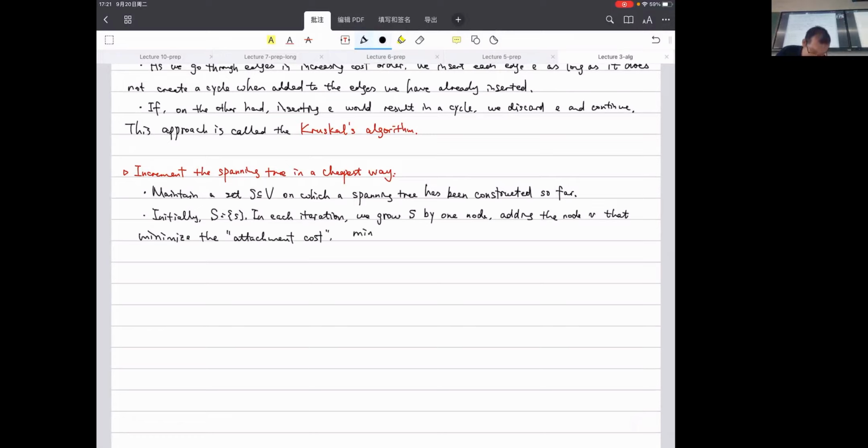It's basically the min over all edges e = (u, v), where u is in S and e is in the edge set E. We want to consider the minimum such that this cost is the minimum, and we add edge e. Choose this minimum in the spanning tree.